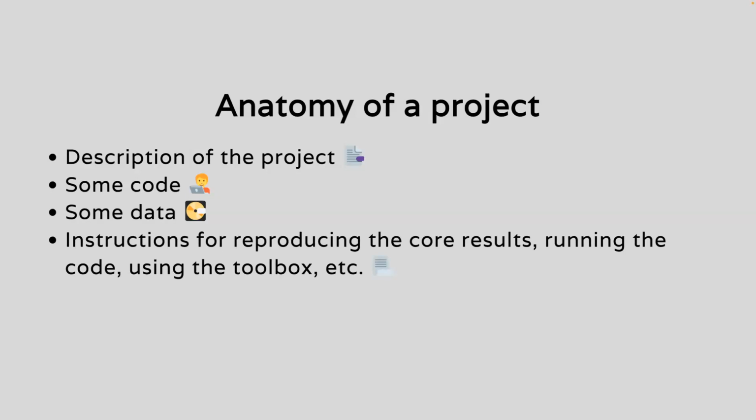Probably in that documentation, we want instructions for reproducing the core stuff, running the code, using the toolbox, stuff like that. That could be the same thing as the description of the project, but often the description of a project is more like, what's the background? Why are we doing this? What's the core question? Versus this other stuff is like, how do you use it?